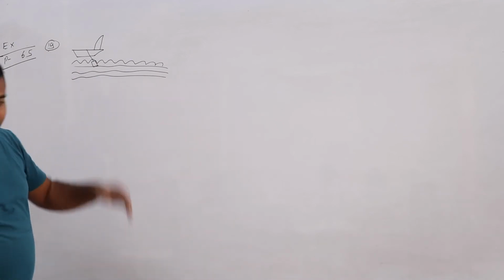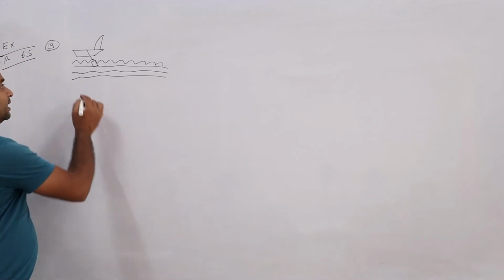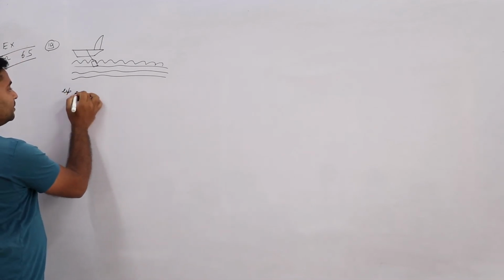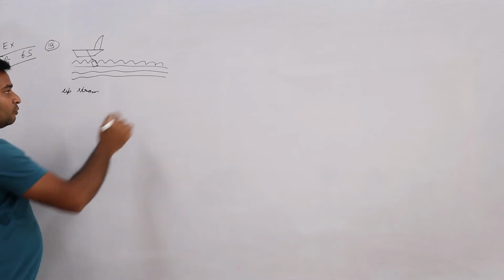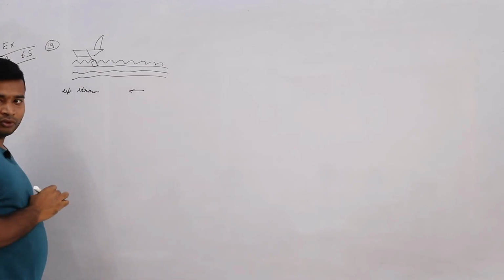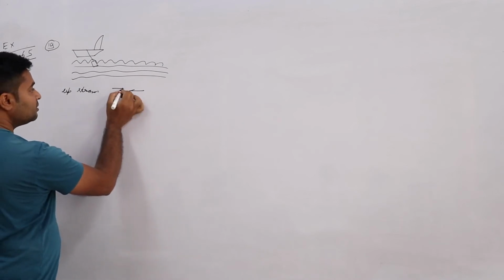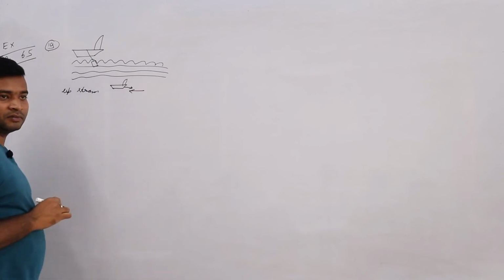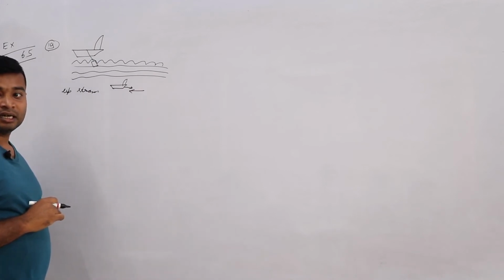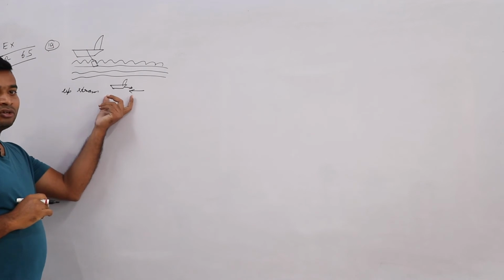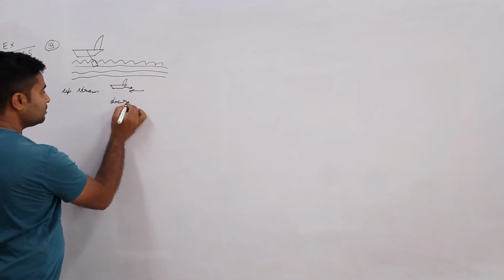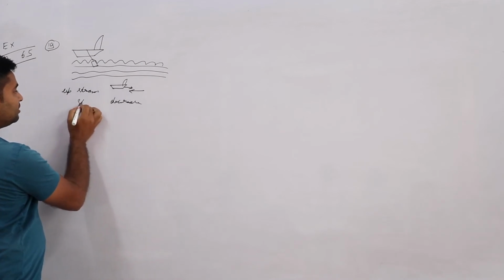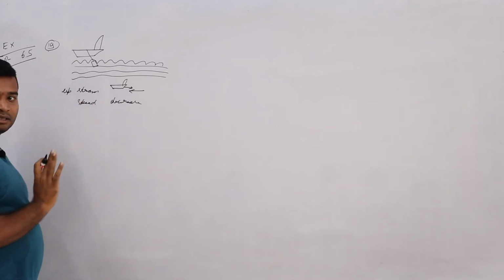Now, if it is upstream, means flow is this side and boat is this side, going against. Speed will decrease.